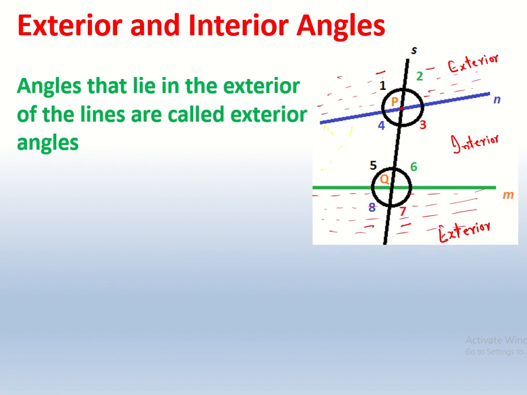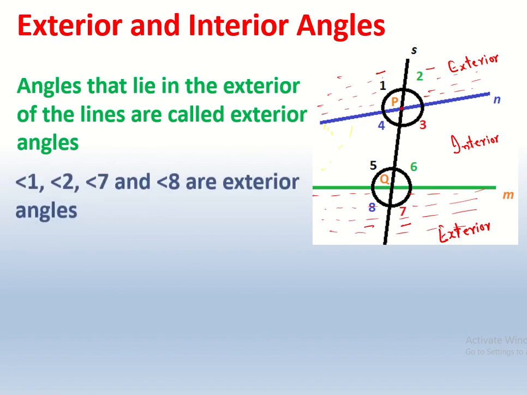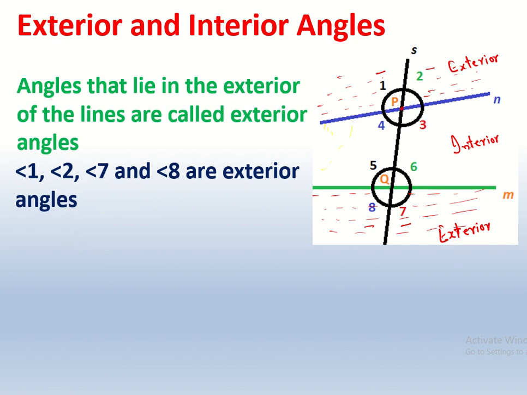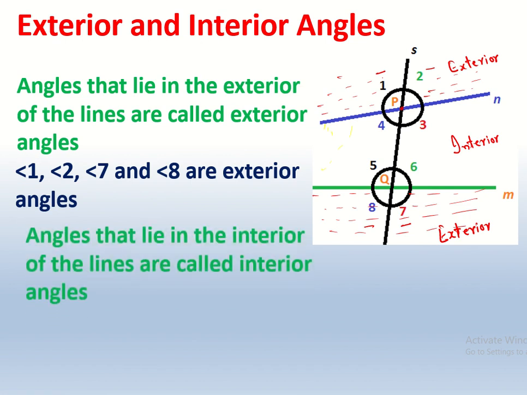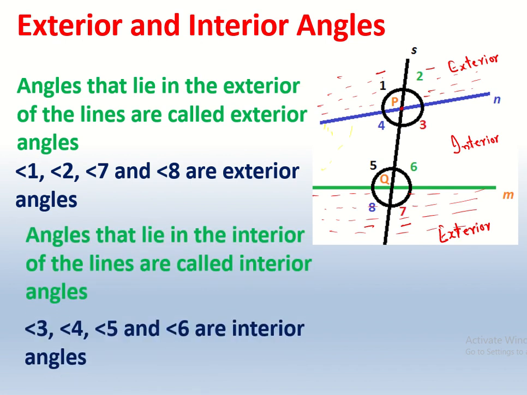So angle 1, angle 2, angle 7, and angle 8 are called exterior angles. Then there are four other angles that lie in between the lines. We call them interior angles. So exterior angles are those that lie in the exterior portion, and interior angles are those which lie in the interior.